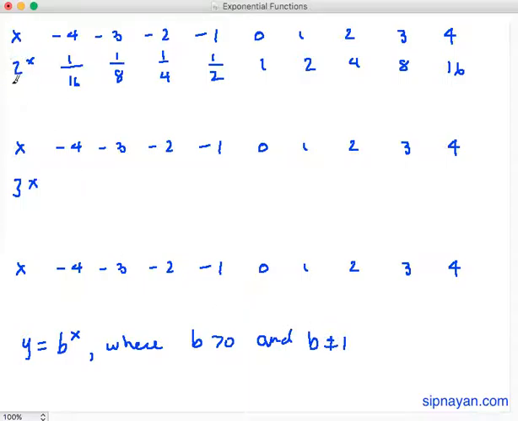So yung 2 to the x, exponential function siya kasi of the form y equals 2 raised to x, yung b natin is 2. And then yung 3 to the x, ang b natin ay 3. Both of them are greater than 0 and both of them are not equal to 1. So pasok itong mga functions natin dito.